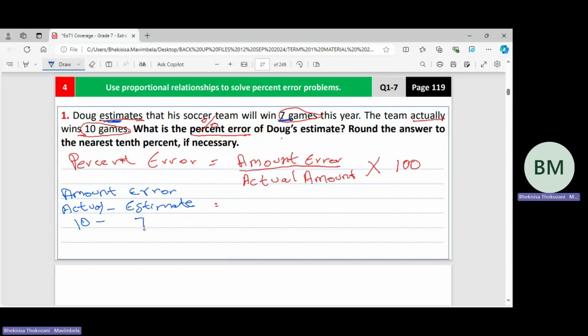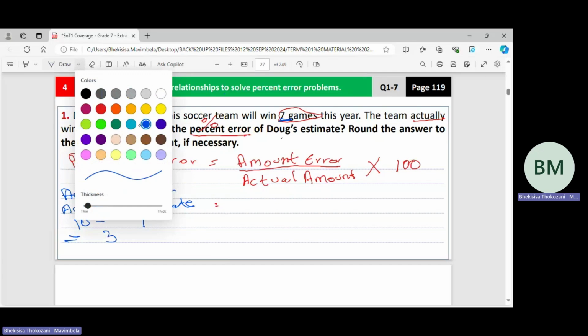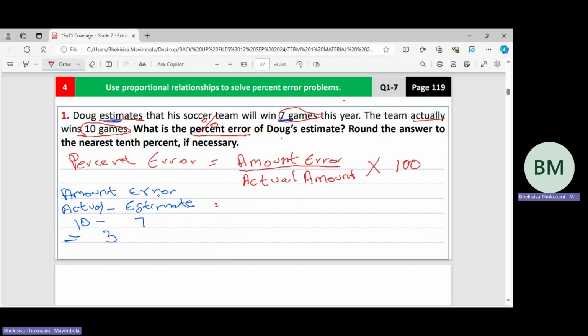It's 7. So 10 minus 7 will then equal 3. So now we can plug this into our formula. So we know now what the amount error is. Okay, amount error is 3.